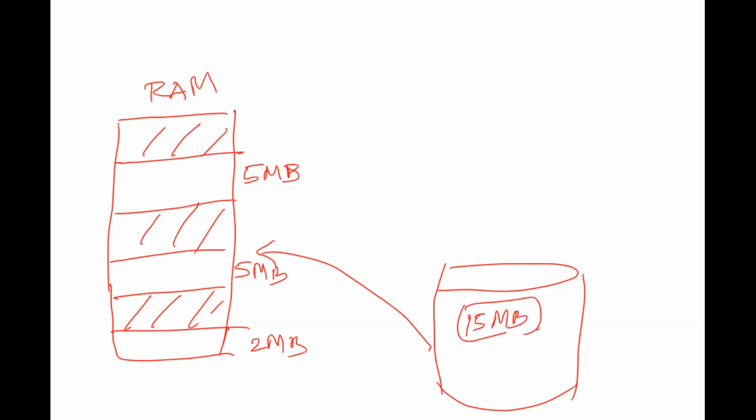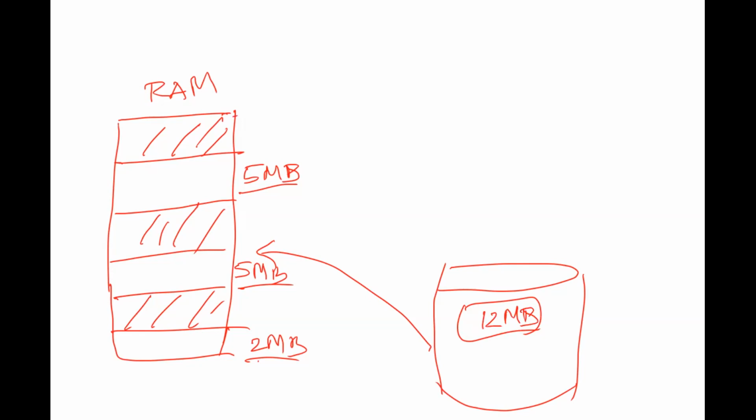What does your OS do? The OS searches your memory, its current structures, and says okay, this is occupied, this is occupied, here 5 and 2 are available, but 15 is needed. Let's say this process size is 12 MB for simplicity, for our understanding.